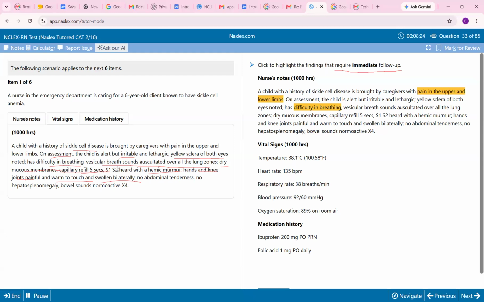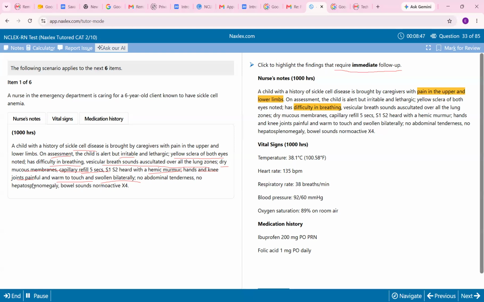You have to think about it. I'm not telling anything. And the S1, S2, is it normal or abnormal? Hemic murmur is heard, and hand and knee joints are painful and warm to touch. You have to think about what is normal and what is abnormal, and we can click the abnormal findings.